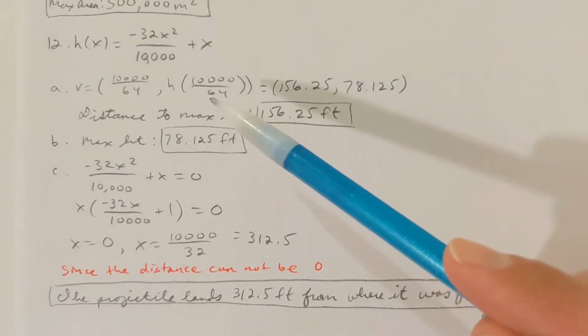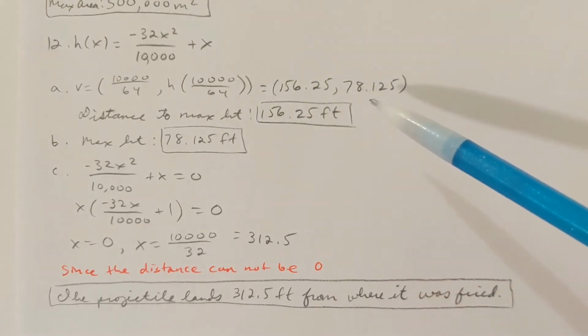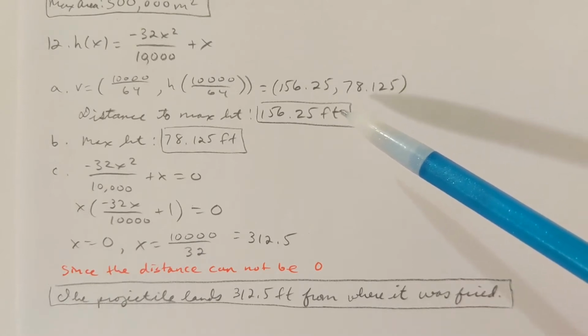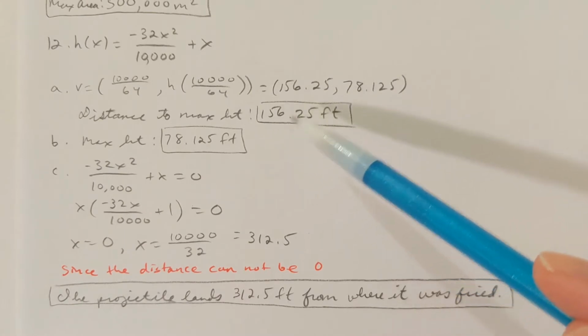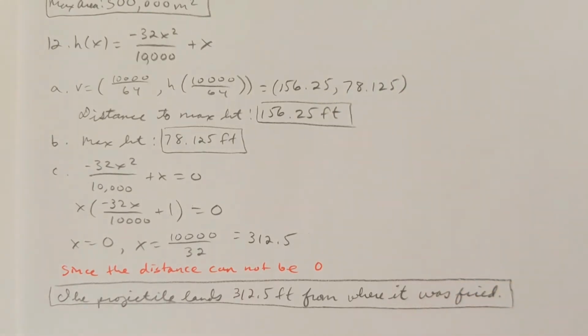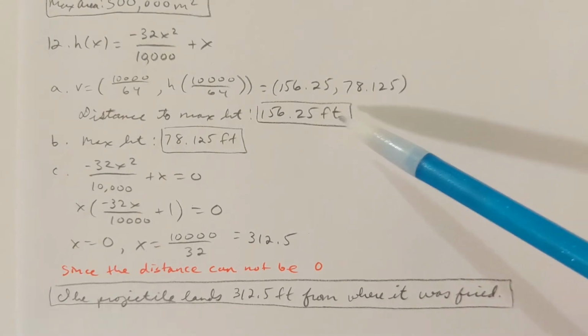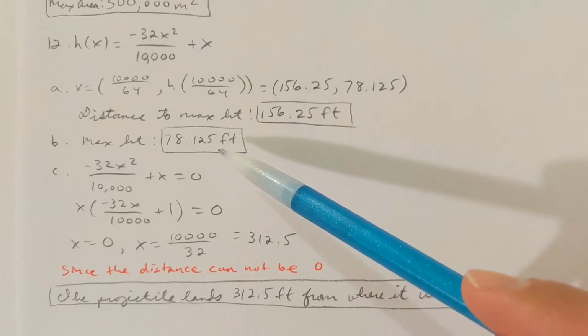And then h of 10,000 over 64 gives me the height of the projectile. So the distance to the max height is 156.25 feet. And the max height that we would get is 78.125 feet.